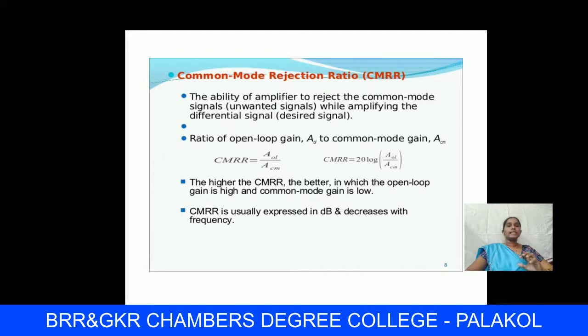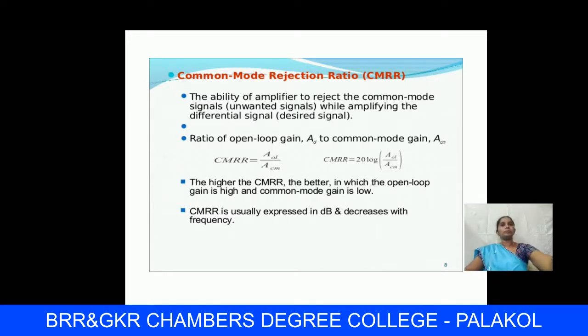Here the CMRR is usually expressed in decibels, and decreases with frequency. The actual formula of the CMRR is 20 log of AOL divided by ACM. This is the ratio of open loop gain to common mode gain.